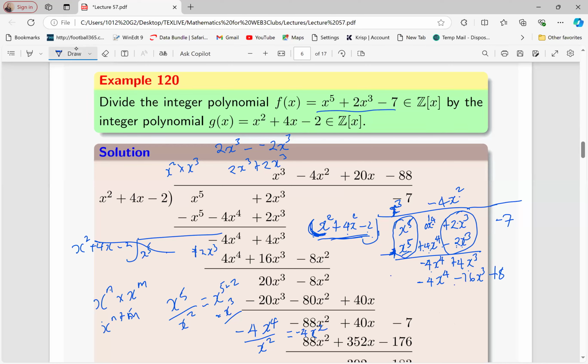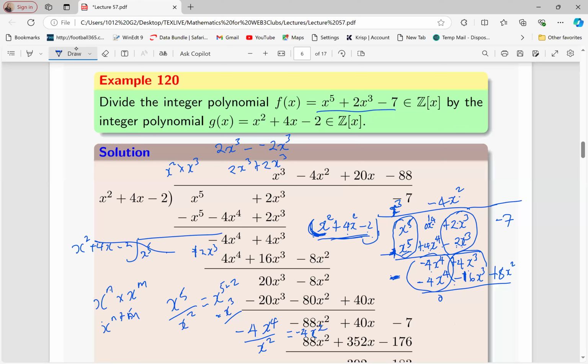Then again subtract only like terms. So we subtract this from that, you get 0. When you subtract this, what was this? This was 16.